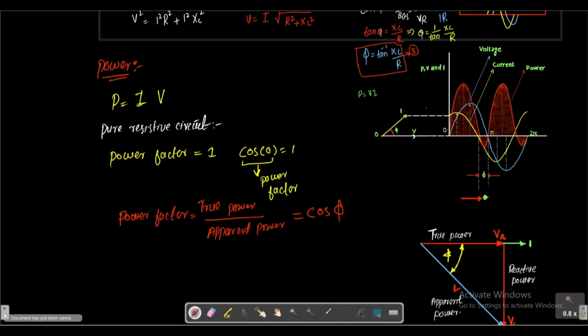And also we have the power for a pure capacitive circuit.